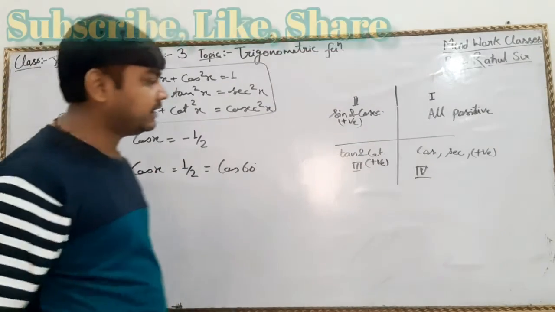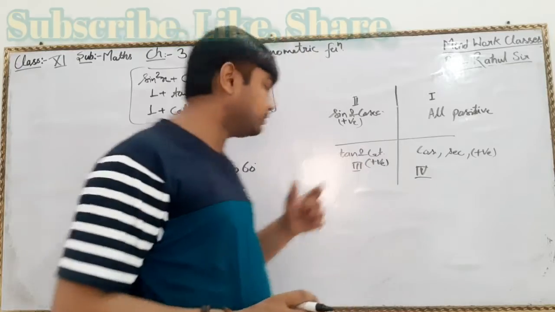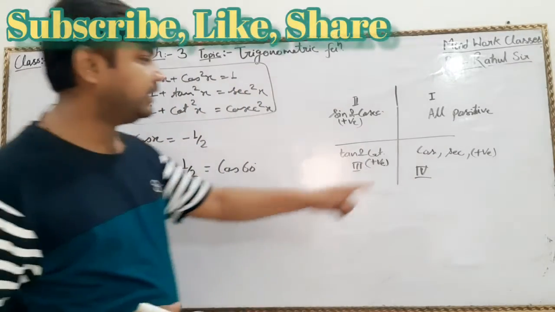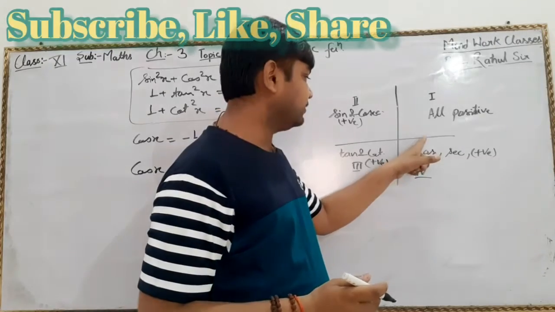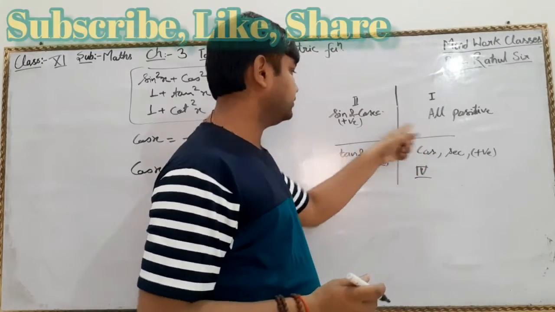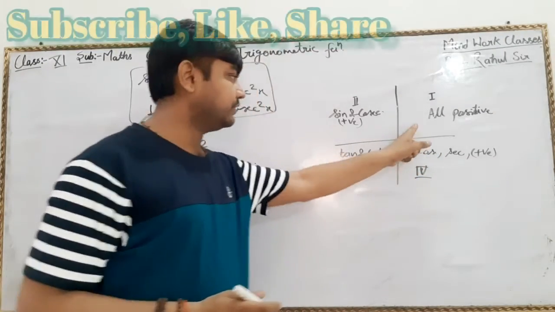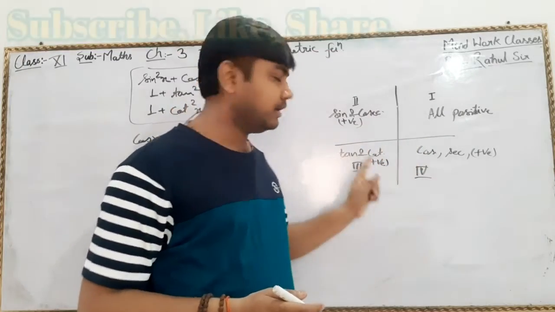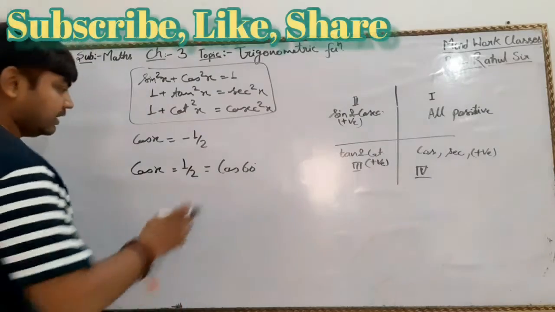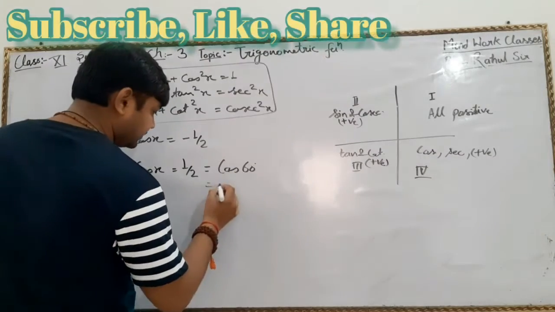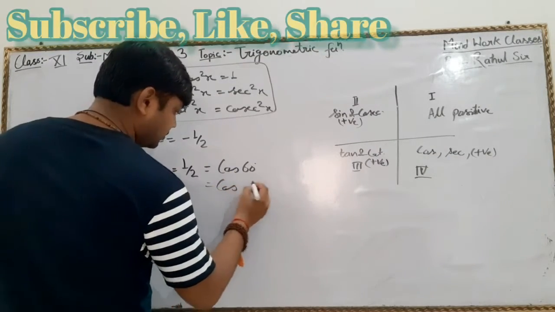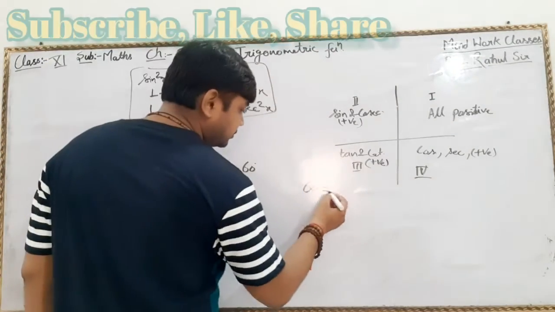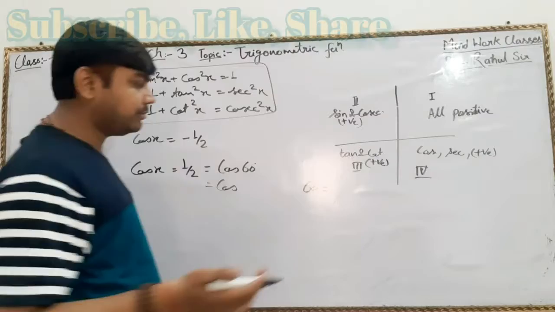And it is said to be in the third quadrant, so you must add 180 degree. Please listen. This is 90 degree, that is pi by 2, plus pi by 2, and this will be the third quadrant. So you can write this as cos 60. What can we write 60 in pi form?